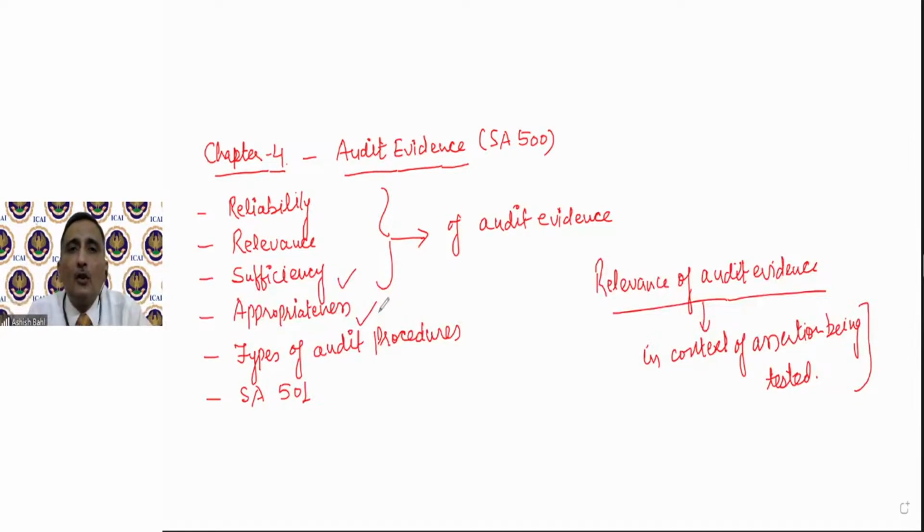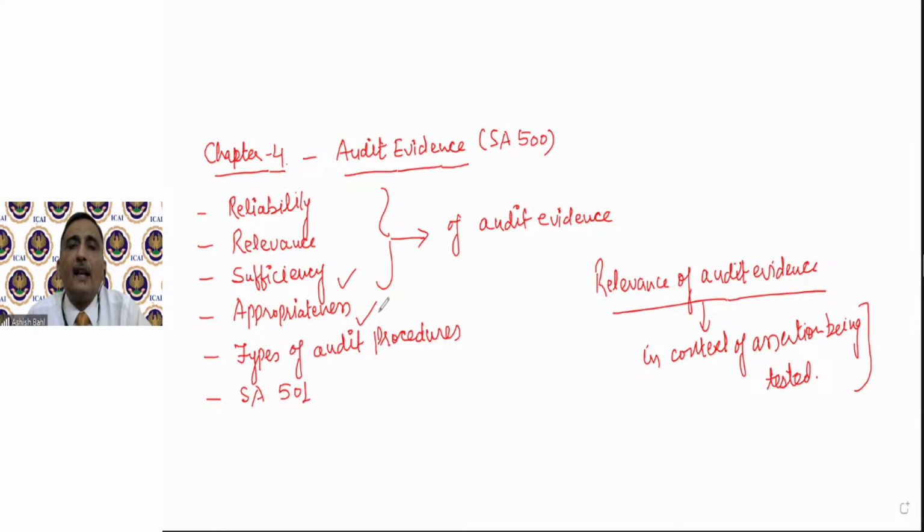And you also have to understand that most of the audit evidence which the auditor obtains during the course of his audit is internal in nature. It is produced internally, like all accounting records, all sale bills, all stock records.